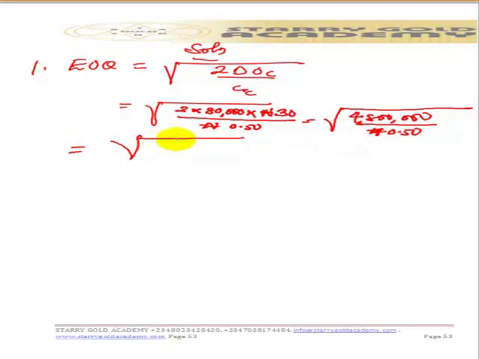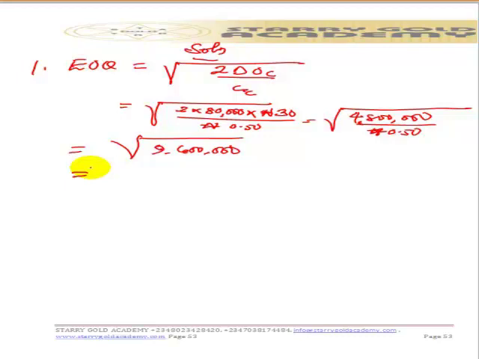That's half of this, so times 2, that's 9,600,000.